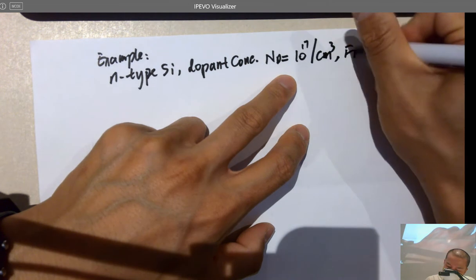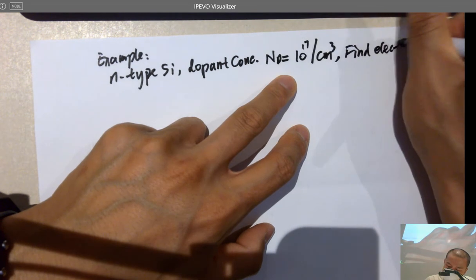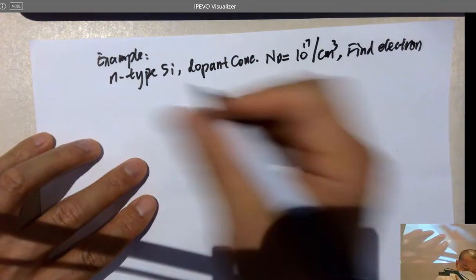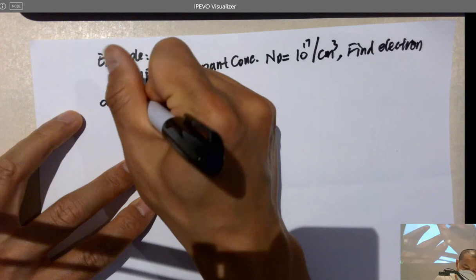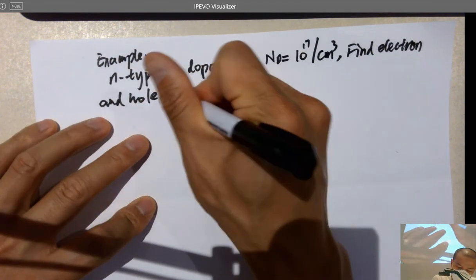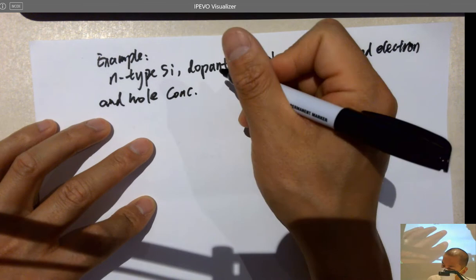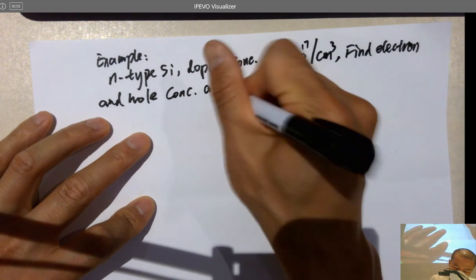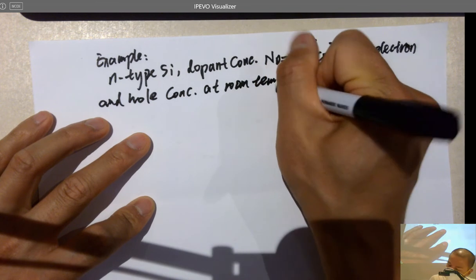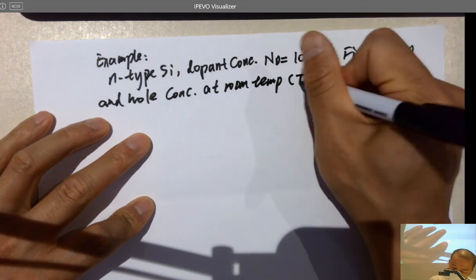So find electron and hole concentrations at room temp, and T equals 300 K.